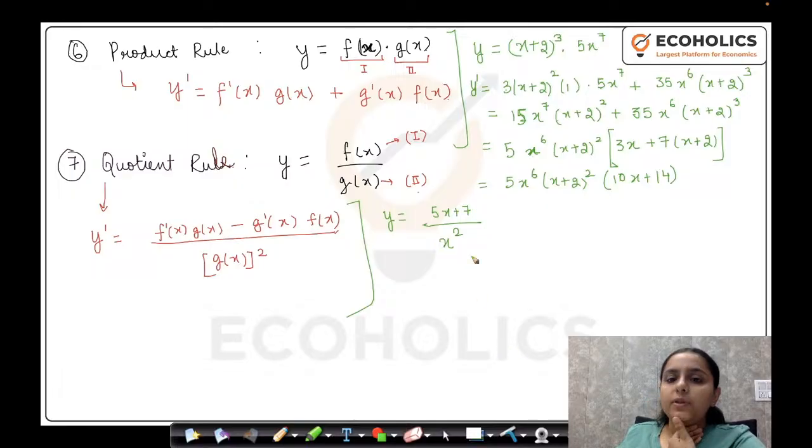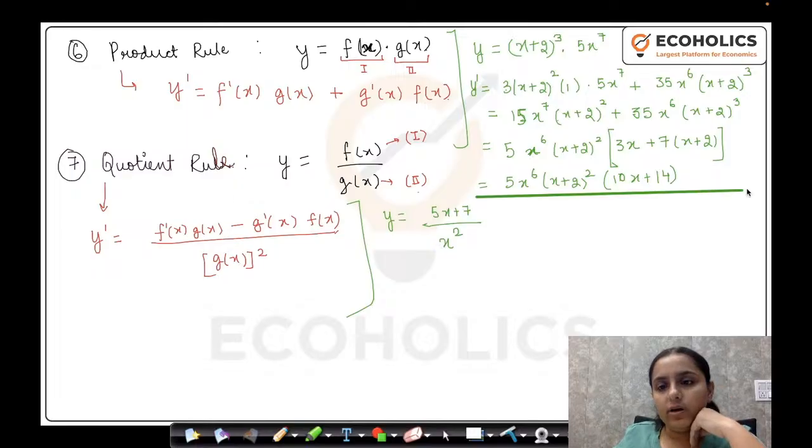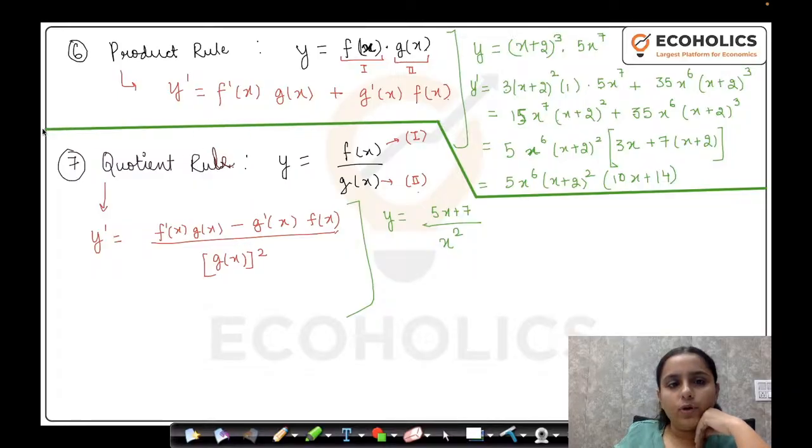Okay, tell me the answer to this. ये product rule है above the green line. Quickly tell me if the function is y equals to (5x plus 7) divided by x square, what will be my derivative for the function?